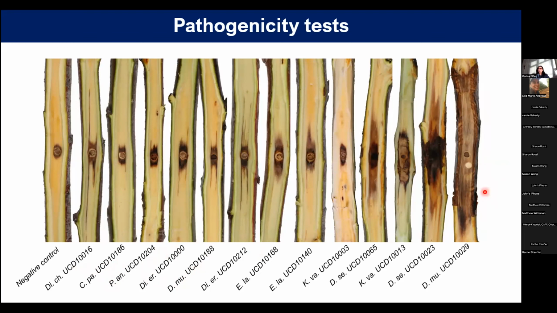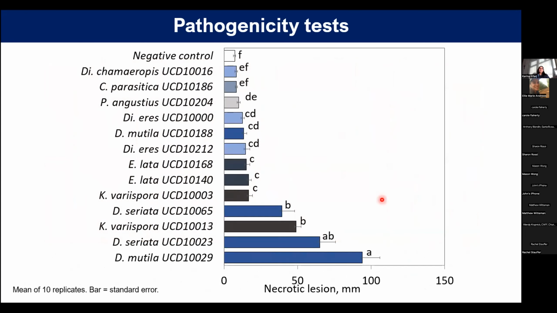And here at the end, Diplodia mutila, specifically this isolate, was the most virulent, so the most aggressive isolate that we got, followed by seriata that is here and Calosphaeria variospora that is here. We can see those results here in this graph.